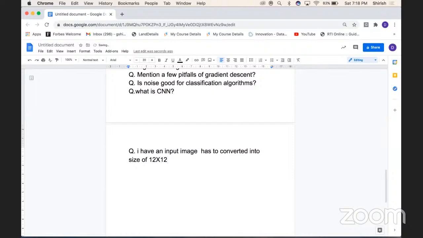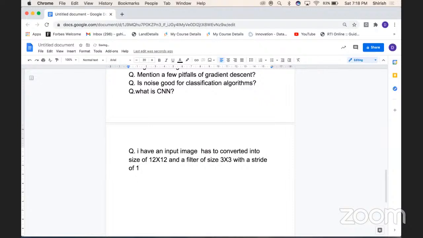Okay, it should be 12 by 12, and a filter of size 3 by 3 with stride 1. I can make the stride 1.